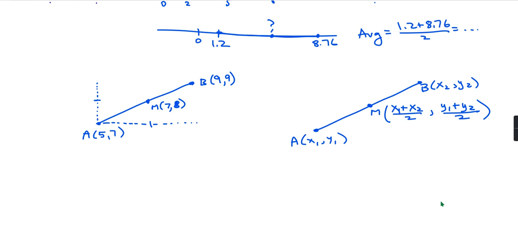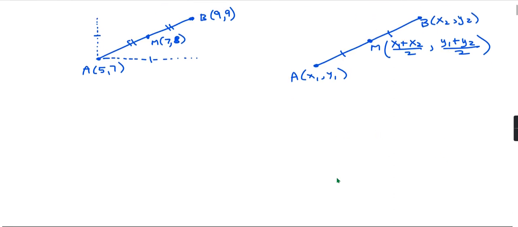This way we can do this with any points that we're given. And once again, we'll show the midpoint by making these tick marks. It doesn't matter how many tick marks, as long as they're the same. That shows that those two line segments are the same length. Okay, so that is how you find the midpoint.